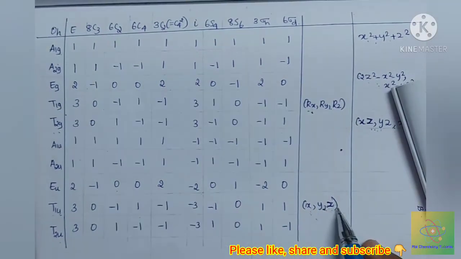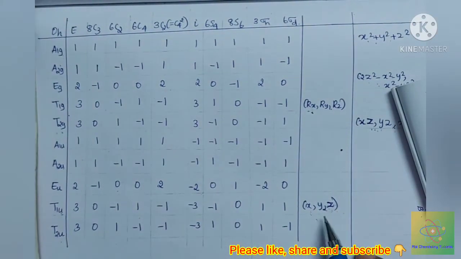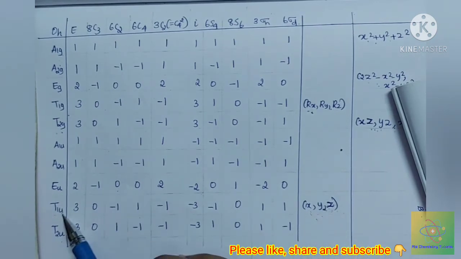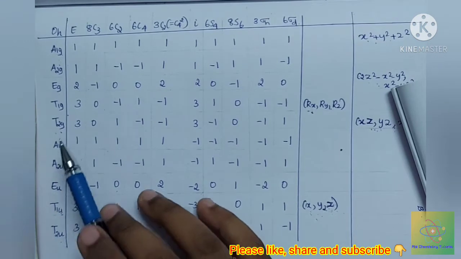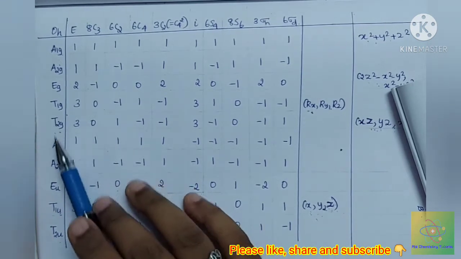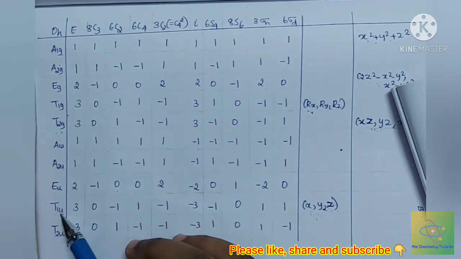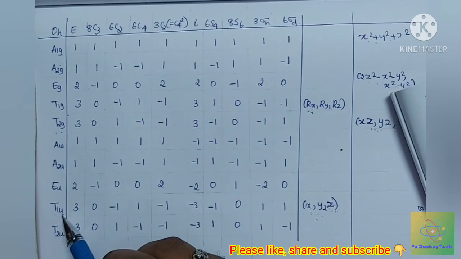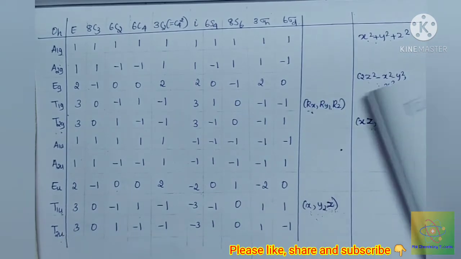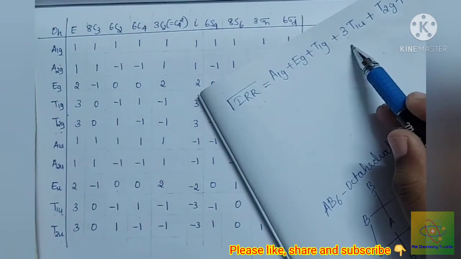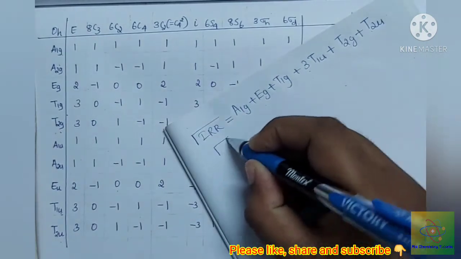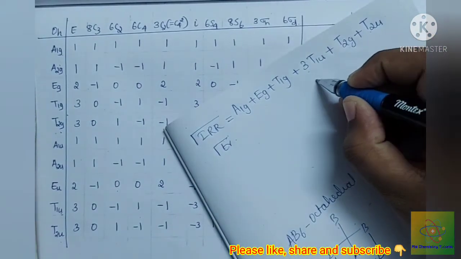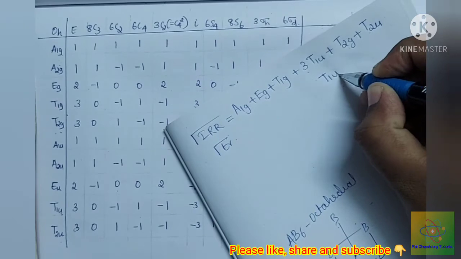That means it is given in the same bracket, which means it is a three-dimensional irreducible representation. That is, T is three-dimensional. As I have said earlier, A and B are one-dimensional, E is two-dimensional and T is three-dimensional. So since T is three-dimensional, X, Y, Z is given in a single bracket. So only one T1U is translational motion in this total irreducible representation. So translational motion, we have 1 T1U.